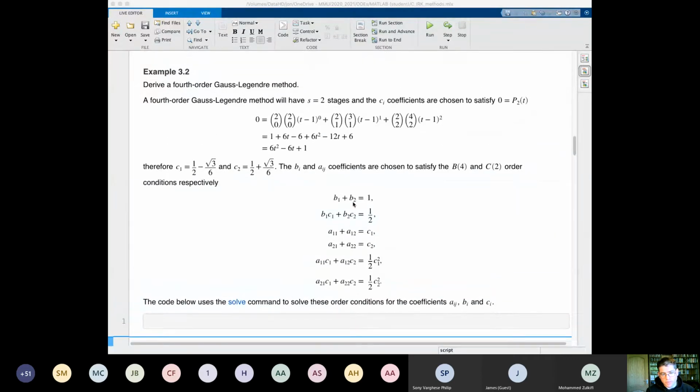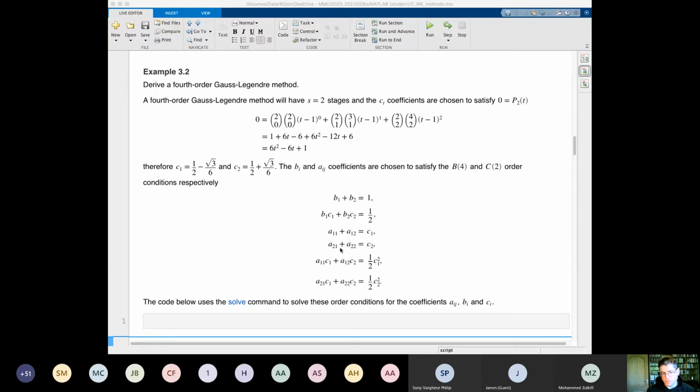Okay, so the first 2 B order conditions: b1 plus b2 is equal to 1, and b1 c1 plus b2 c2 equal to a half. Bear in mind, we already know what c1 and c2 are. So solving those will give me b1 and b2. And then the first 4 C order conditions, so I need the order conditions up to C(2).